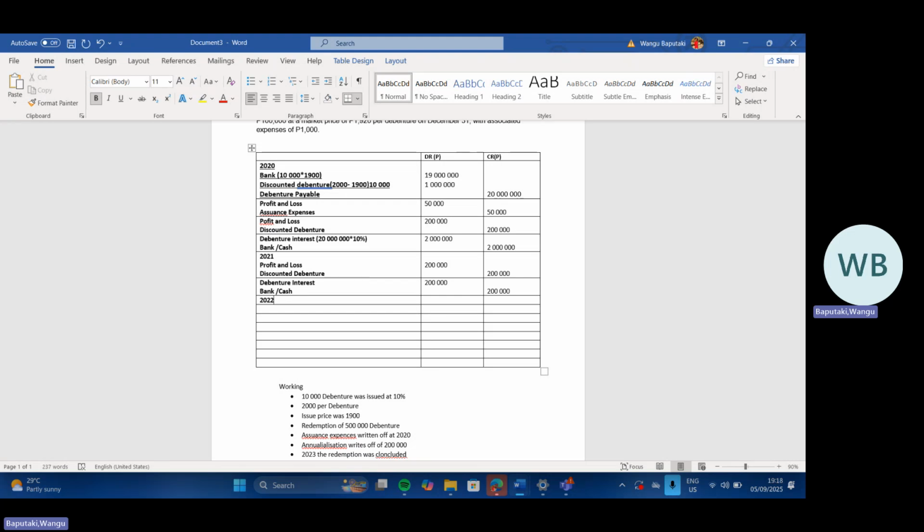Year 2022, the profit and loss 200,000, I debit.